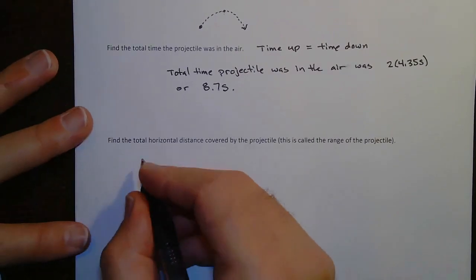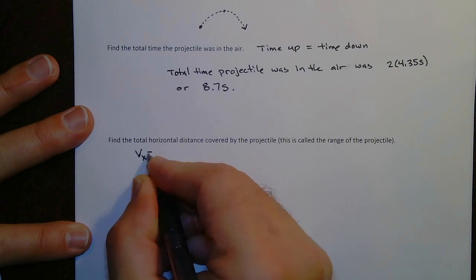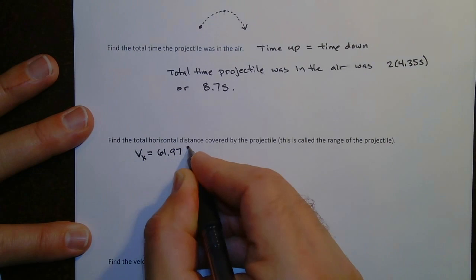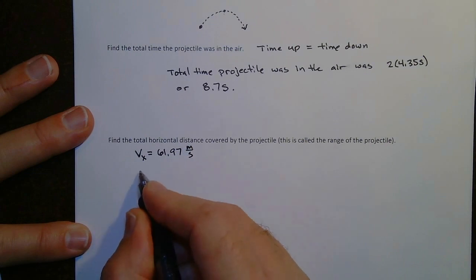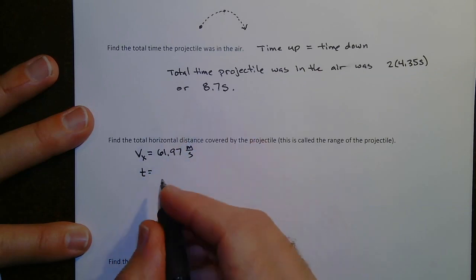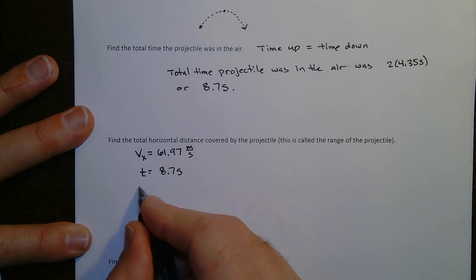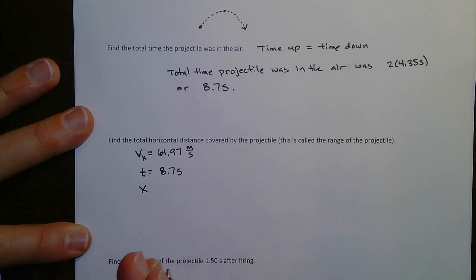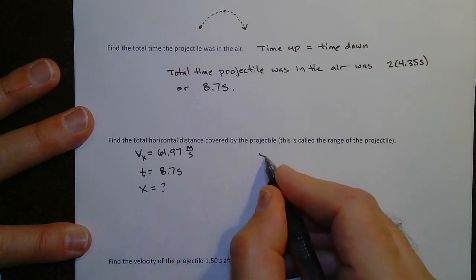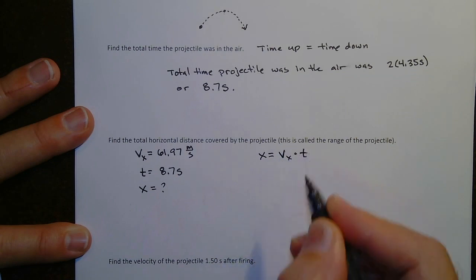So if we multiply this, we're going to get how far the projectile went horizontally. Because we know V sub x is equal to 61.97 meters per second, and I know the time it went horizontal was 8.7 seconds, I'm going to be able to find the position, which is also the distance traveled horizontally. So I'm going to use x is equal to V sub x times time.